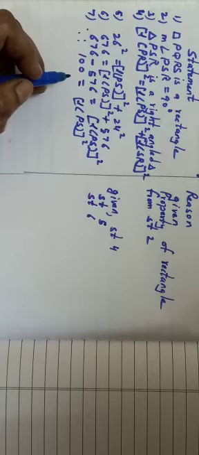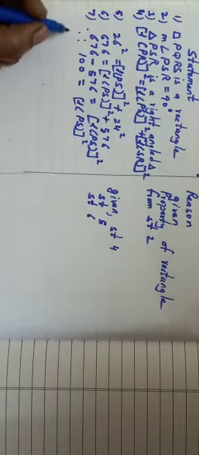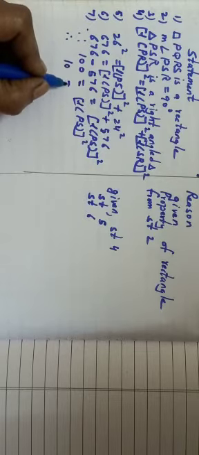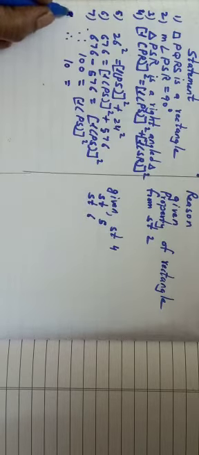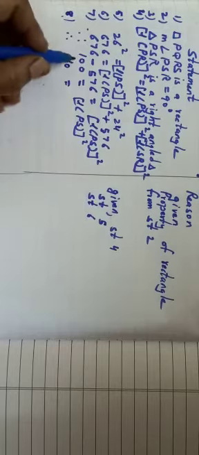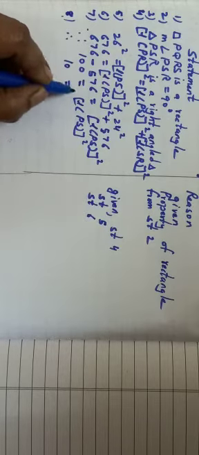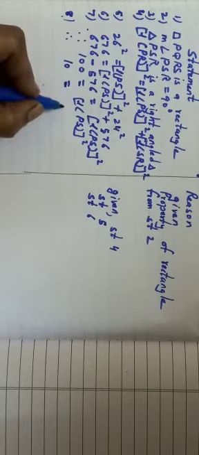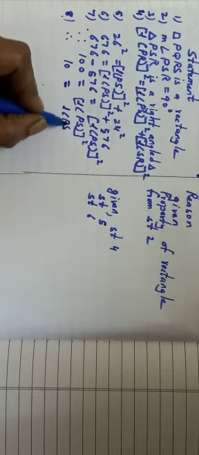What we will get? Square root of 100 will be 10, which is equal to, number 8. Here we will not give the numbering. We have just subtracted and written. So 10 is equal to length of PS.